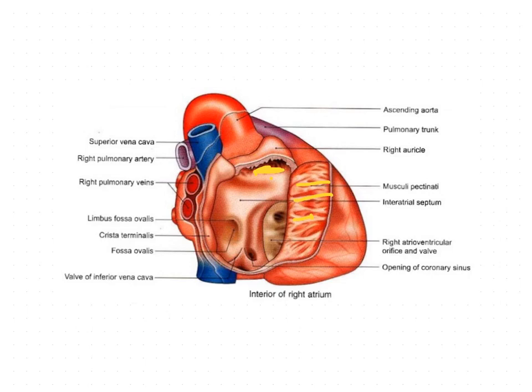And the next part is the septal wall, which forms the majority of the posterior wall. So these are the three divisions of the internal structure of the right atrium.